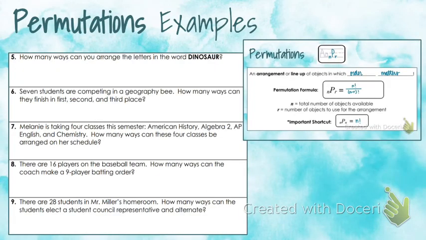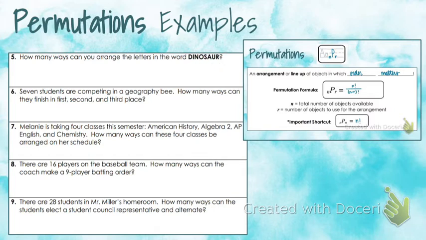All right, so our first example of a permutation is, how many ways can you arrange the letters in the word dinosaur? First, let's talk about why this is a permutation. If I choose the same letters but rearrange them into idnosaur, does that count as a different entry?